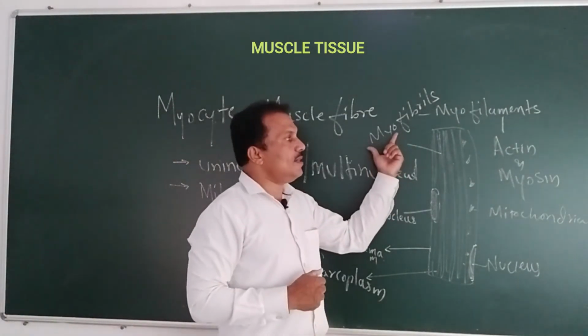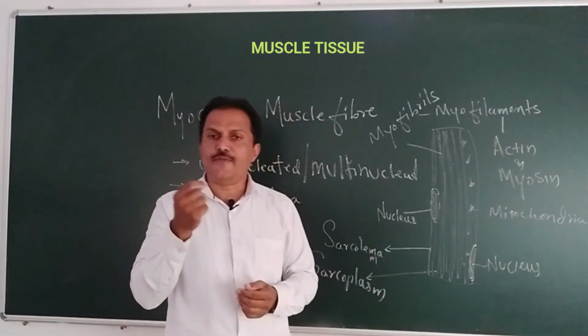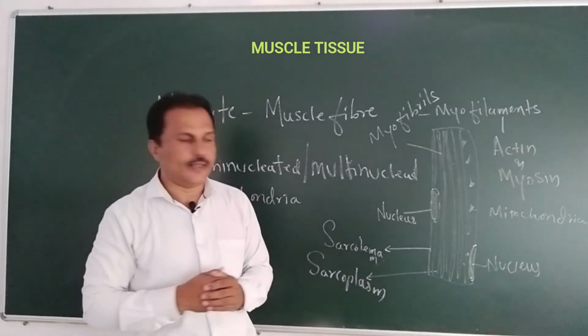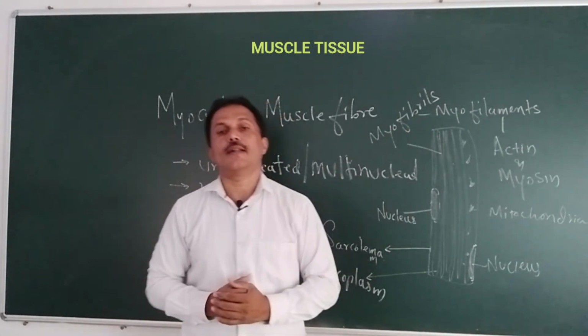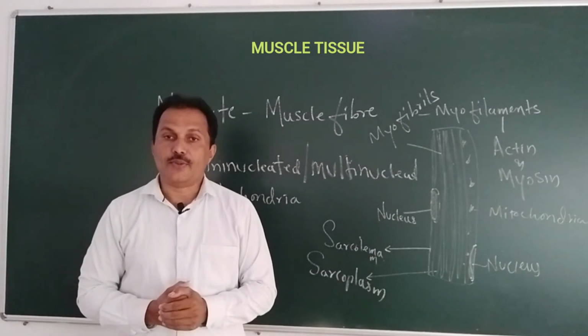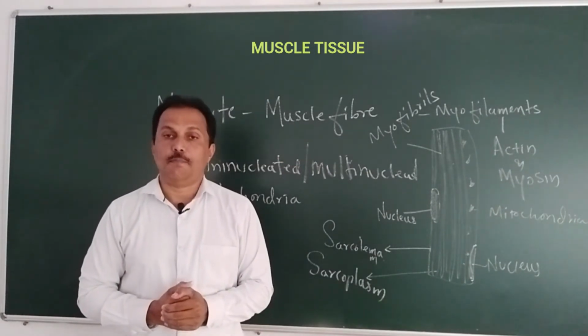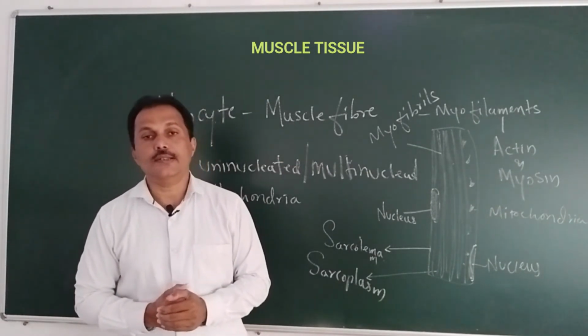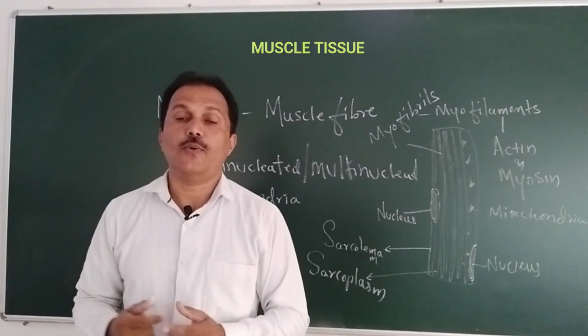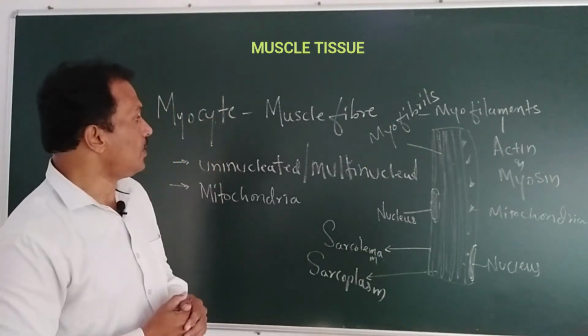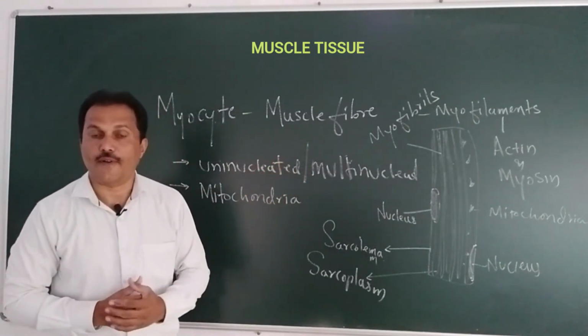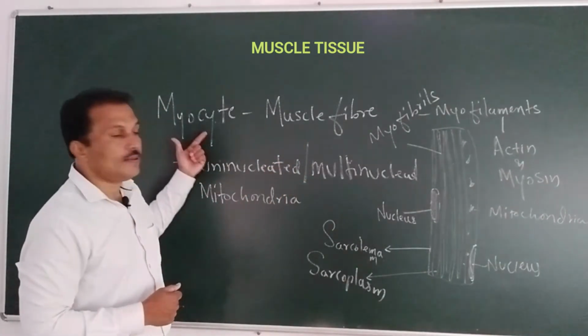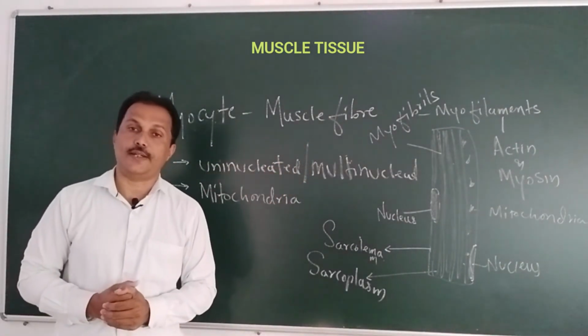These myofibrils are made up of thin myofilaments, and these further are made up of myosin and actin proteins. So this is the structure of myofibrils, or the structure of muscle fiber or myocyte.